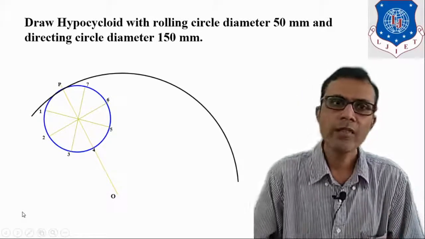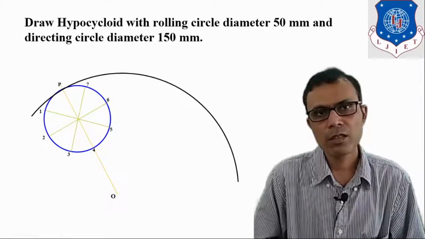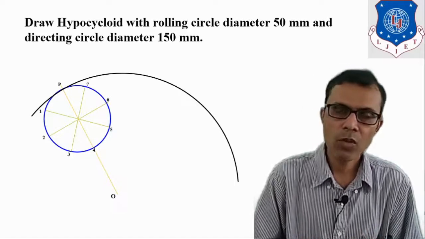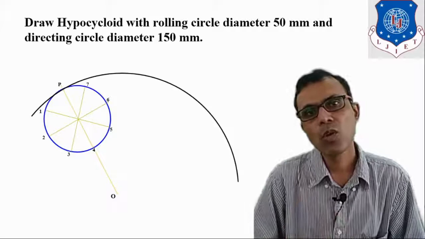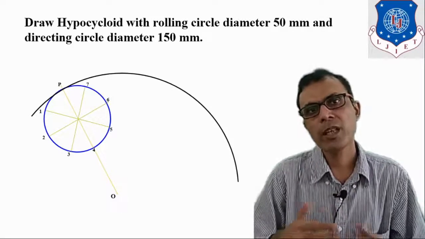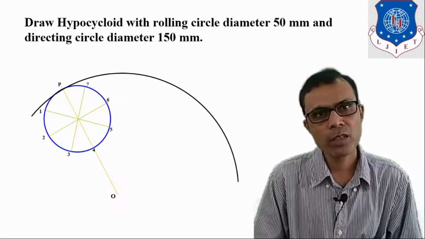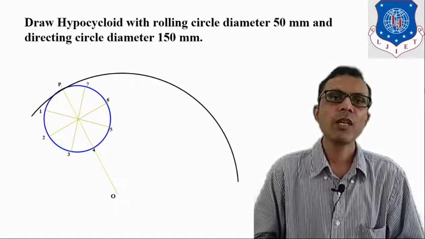Here also we can divide the circle into 12 equal parts, but what happens, as the number of divisions is more, we will get more points, so there will be some more procedural steps. It may consume some more time. It depends on our choice. We can divide it into 8 or into 12 equal parts.